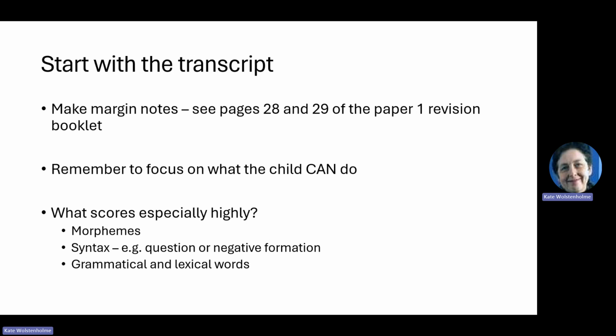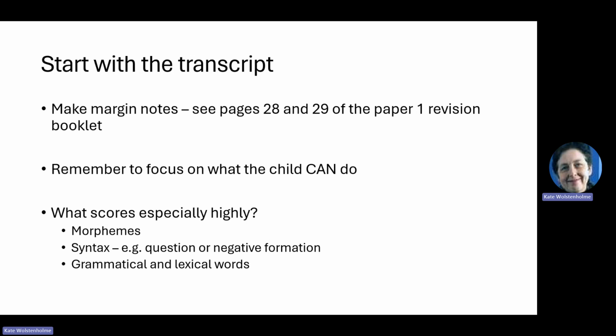Are they using any grammatical words like auxiliary verbs or conjunctions? Right, what can they do? What are they doing? What functions of language are they using? So is it imaginative or regulatory? Okay, all of this is in your list of things to look for in your revision booklet.